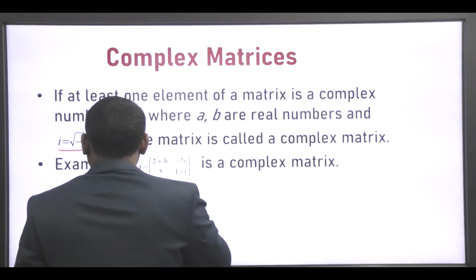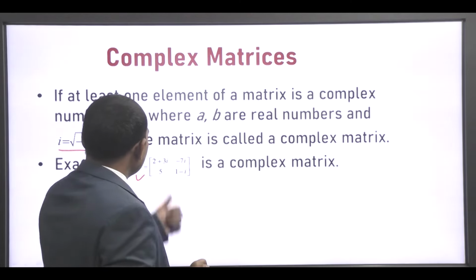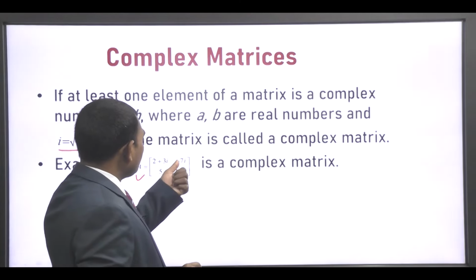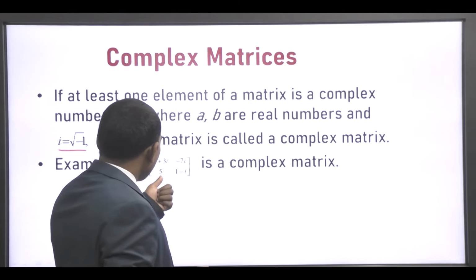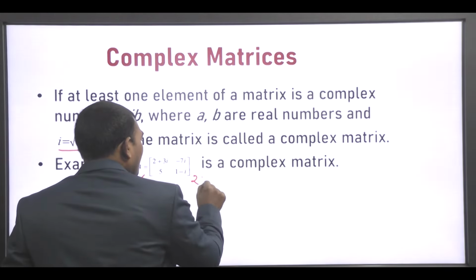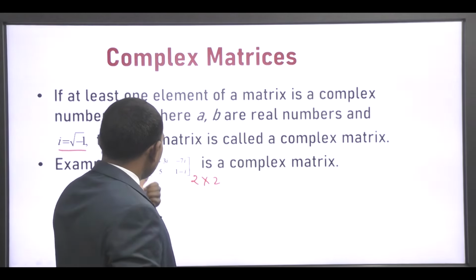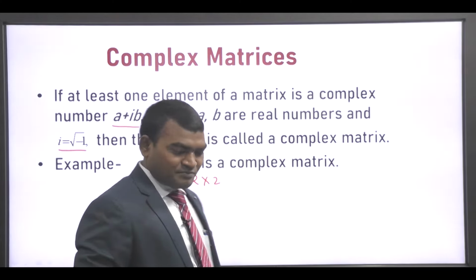For example, this is the matrix A, 2 plus 3 iota, minus 7 iota, 5, 1 minus iota. So, this is a complex matrix of order 2 by 2 and the elements are complex numbers.